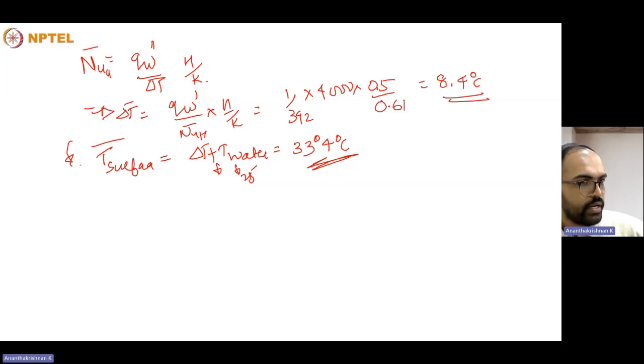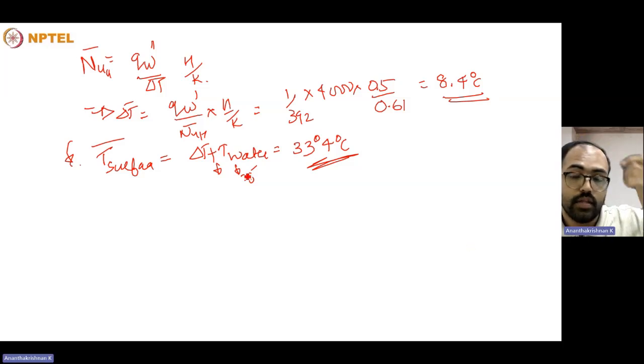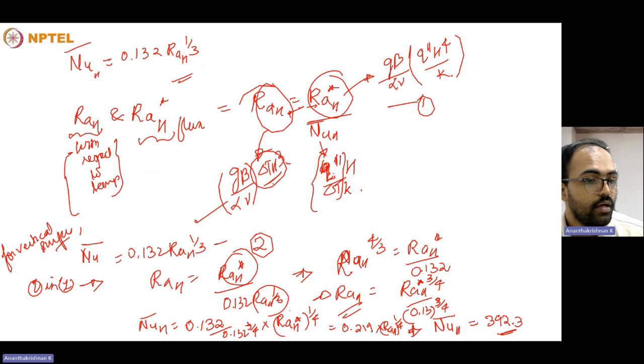But to make sure that the actual Rayleigh number is greater than 10 power 9, we calculate the value of the Grashof number to determine whether the flow is turbulent or not.